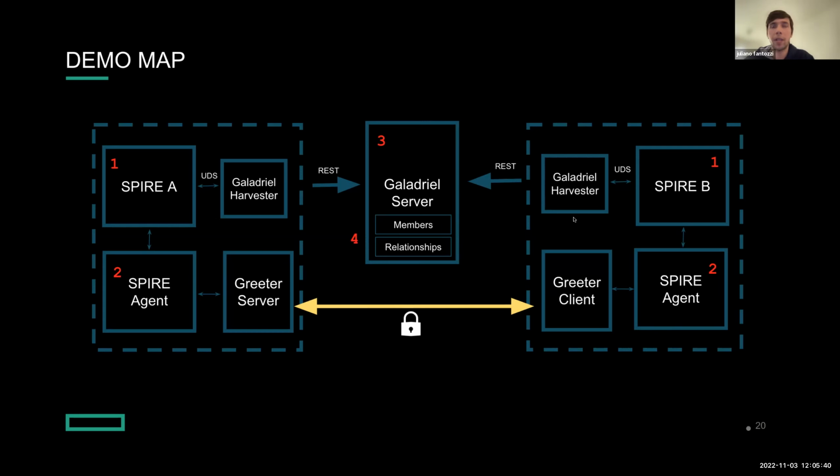We're also going to be creating the relationship, saying that these two new harvesters we're registering can federate to each other. Next, we're going to deploy the harvesters. And finally, we're going to deploy two workloads under each one of the SPIRE umbrellas to have them talking to each other. Very straightforward.